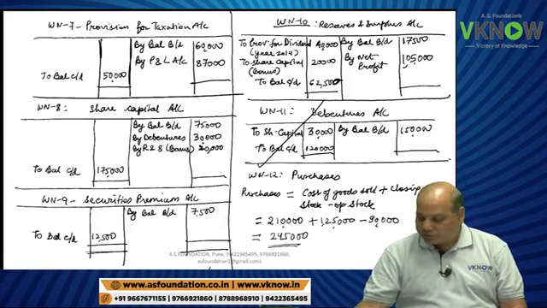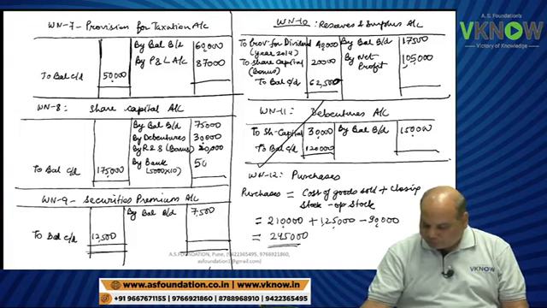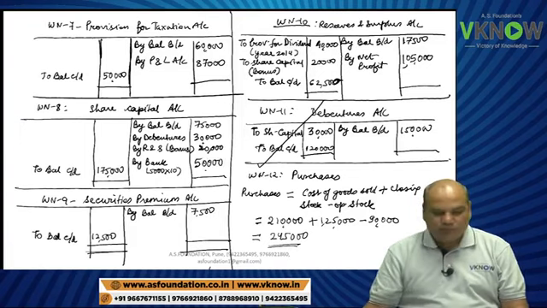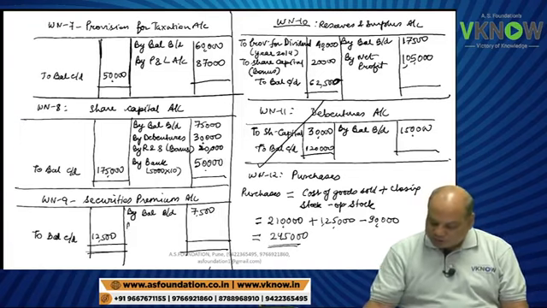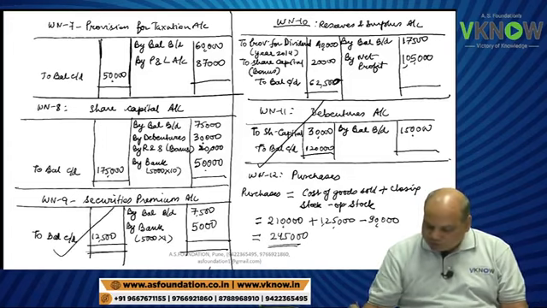So on the screen, working note 8, share capital by bank 5,000 shares into 10, 50,000, and securities premium account by bank 5,000 into 1, 5,000. So this is tallying now.